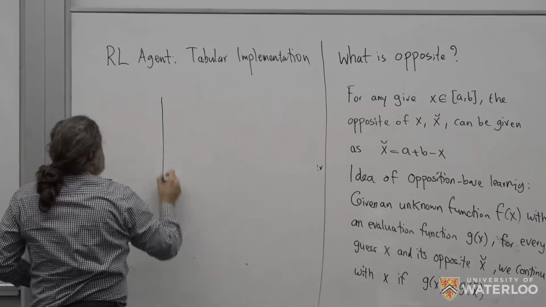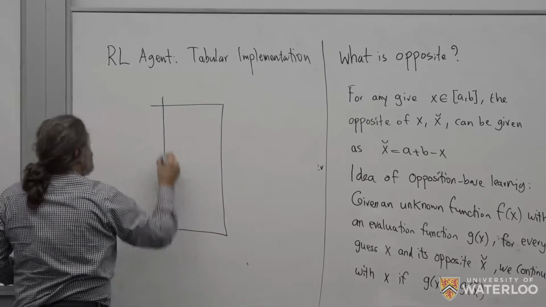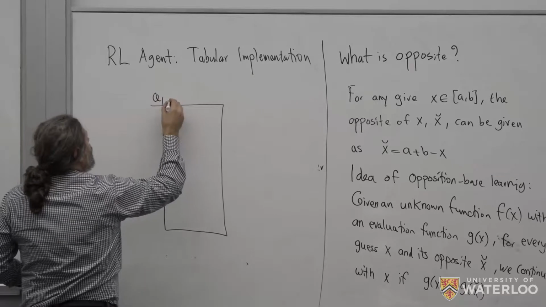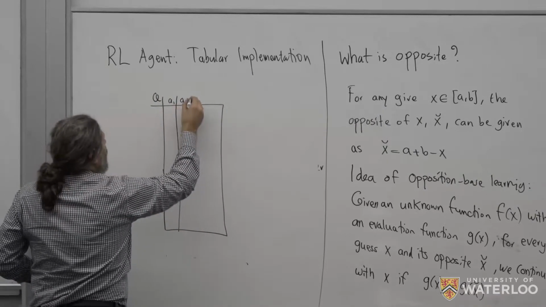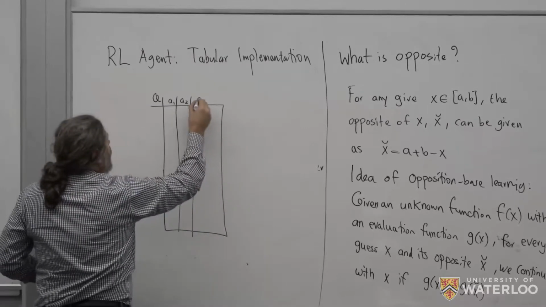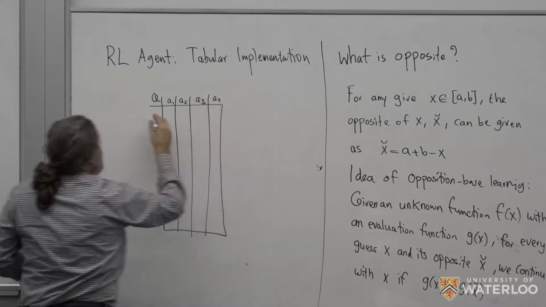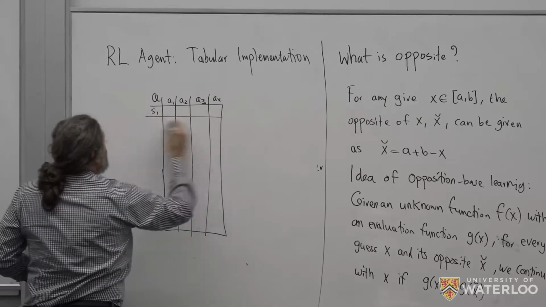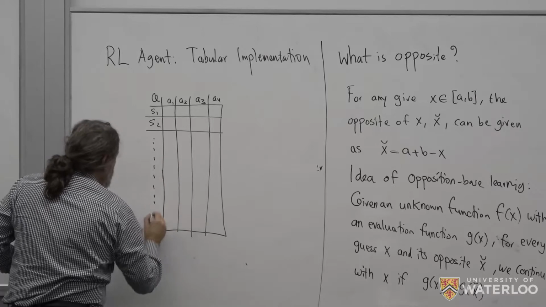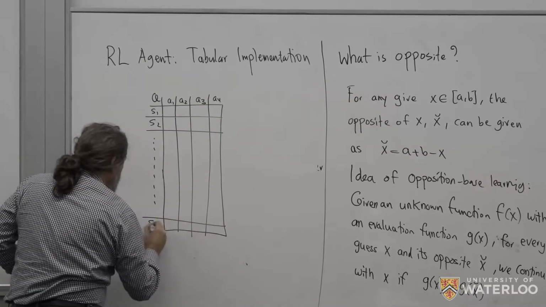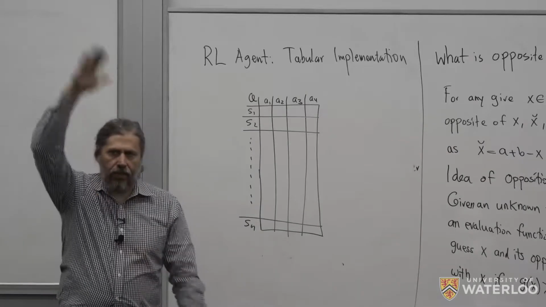So we said that you have a really long table in the Q implementation, and then you have your A1, A2, and A3. Let's say I have only 4 actions, and I have state number 1, state number 2, and I have n states. This is an extremely long table.